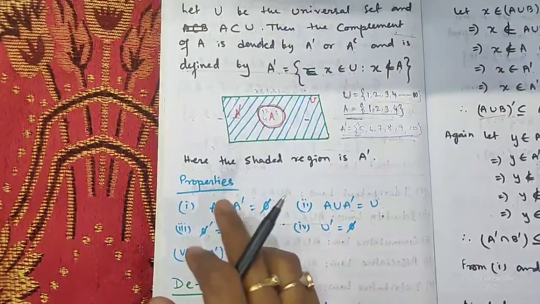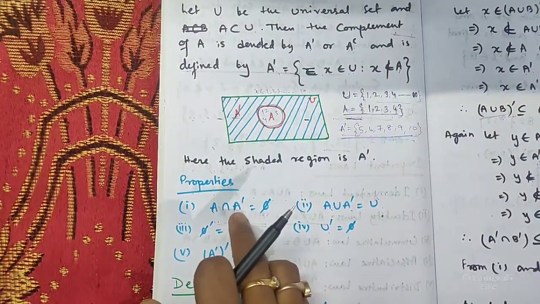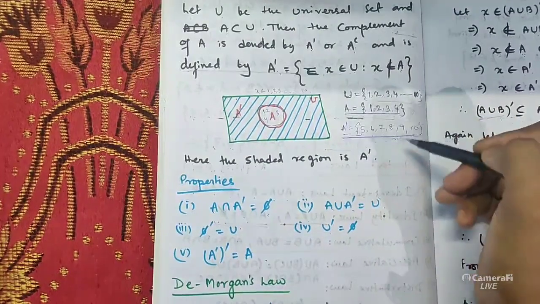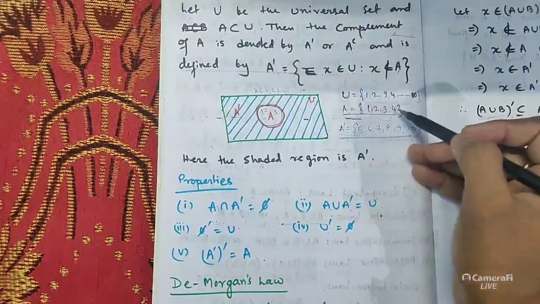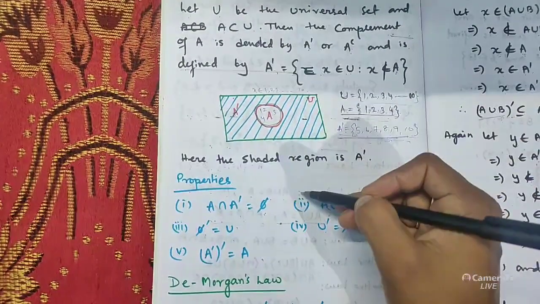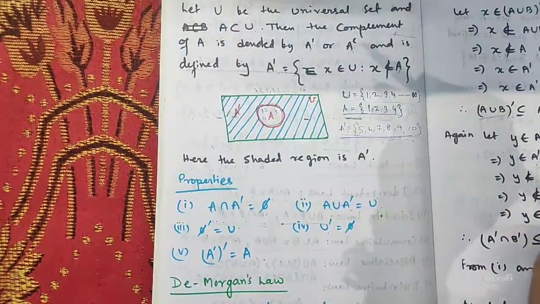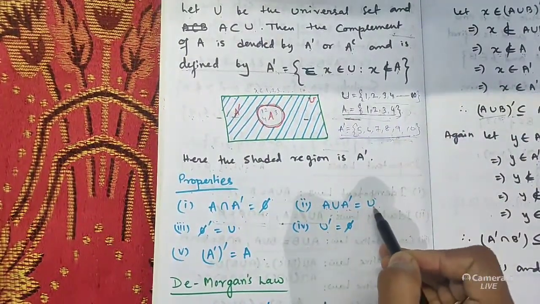Now properties of A complement. A intersection A complement equals phi. It is very clear from this example. No common elements are there in A and A complement. So if nothing is common, that means phi. So A intersection A complement equals phi. Number 2, A union A complement equals universal set.